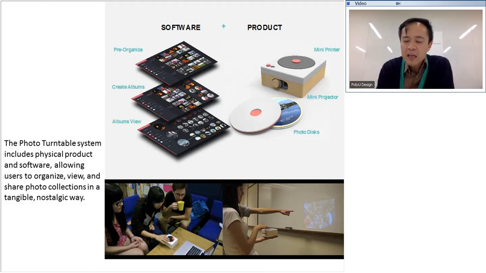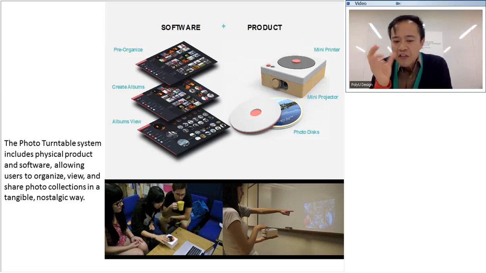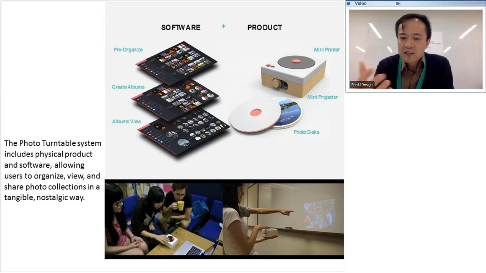They brought these albums to share with their friends physically. We can also make use of this physical medium, the photo disc. It carries the images from the network or from the cloud, but it also enables people to meet in person, physically, in order to enjoy and share their memorable moments.